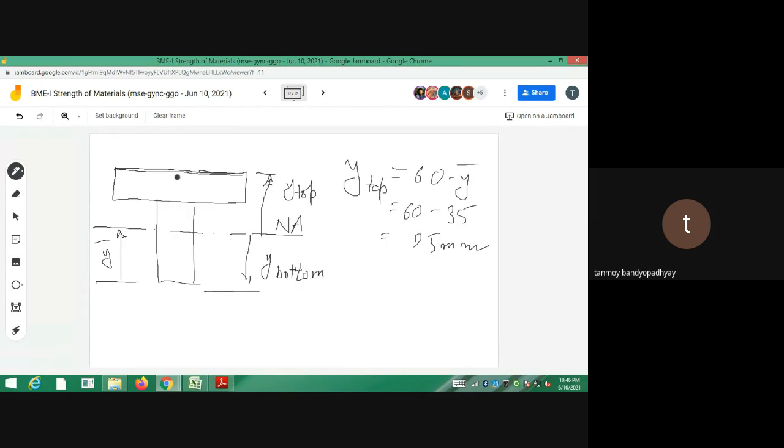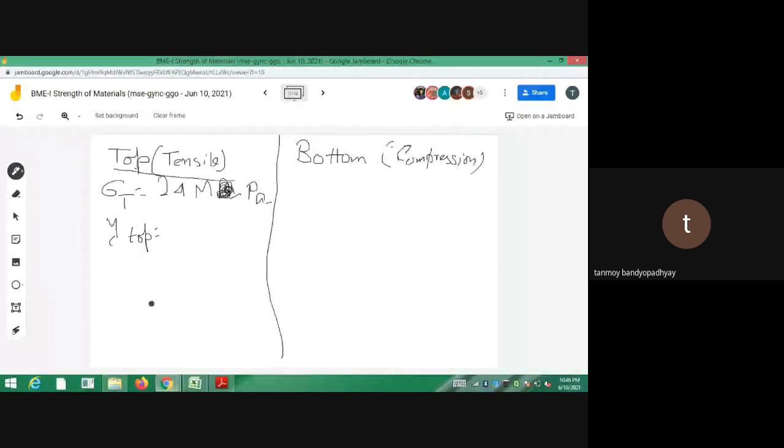Okay? And what will be y bottom? So y bottom is y bar itself, which is actually your 35 millimeter. So you got the two values. Put the value of y top here: y top came out to be 25 millimeter.